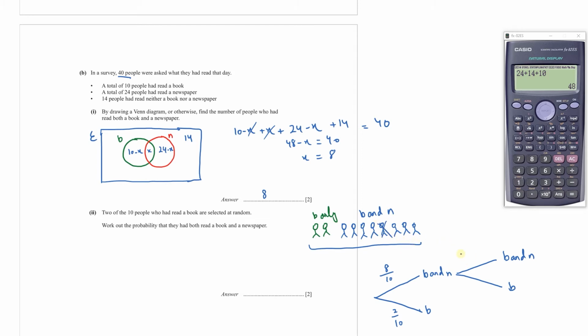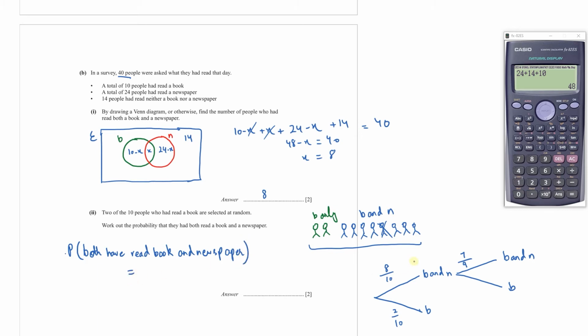You're left with 7 who have read both, and the total now is 9 because you have already made your first choice. So this will be 7 over 9. The probability that you have to calculate is the probability that both people you chose have read book and newspaper.